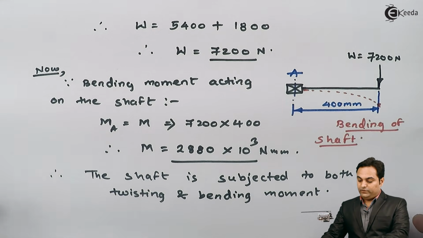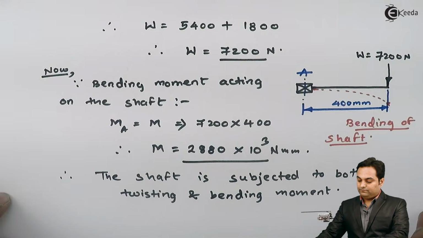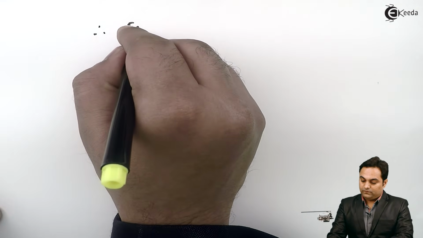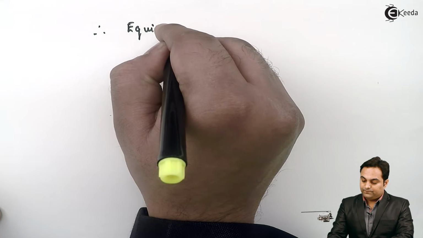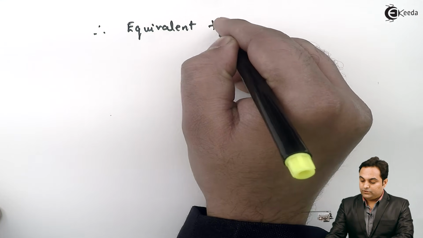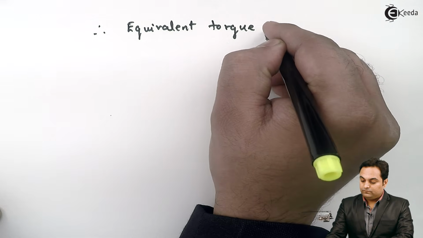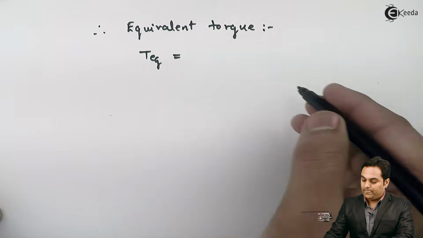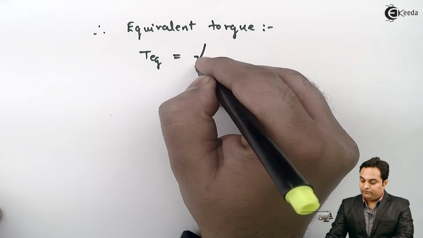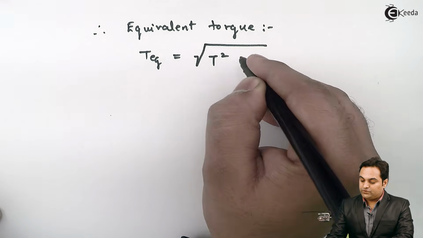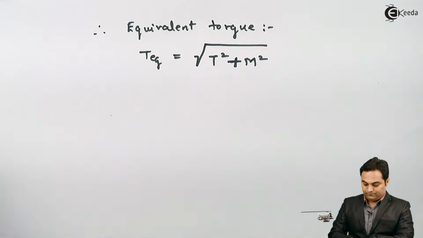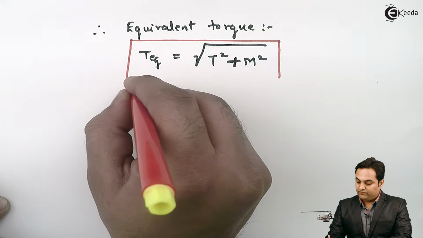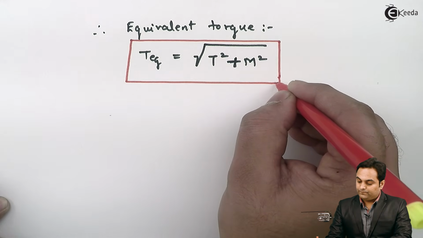So for that we can say that the equivalent torque would be given by T equivalent is equal to square root of T square plus M square. So this is the formula of equivalent torque.